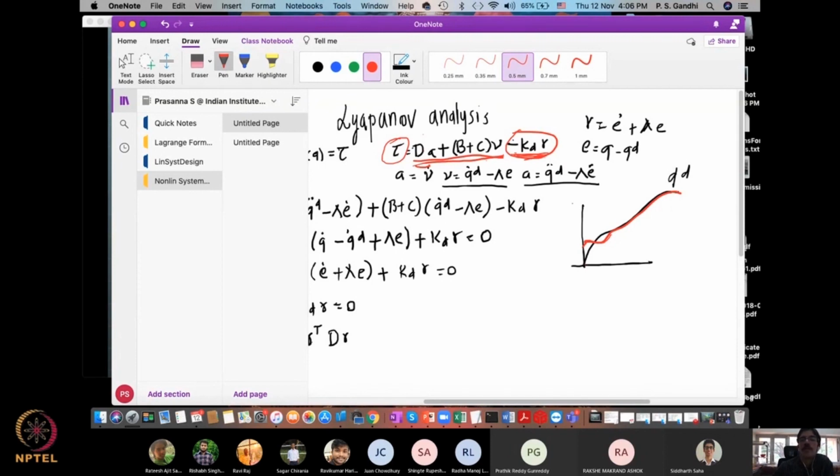Then one can say, okay, I want to adapt to the parameters. Parameters are changing. Then again, you can have certain ways to deal with that kind of situation also. So B, C parameters are changing in time slowly. Of course, that change is not as fast as your system bandwidth; the control bandwidth is much faster.